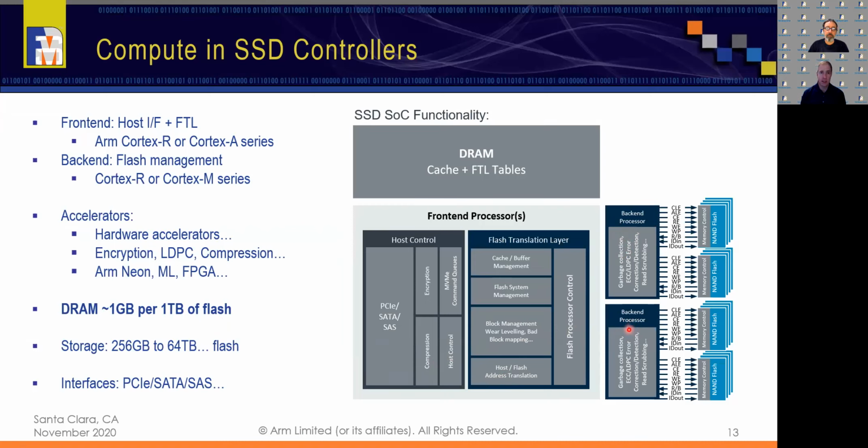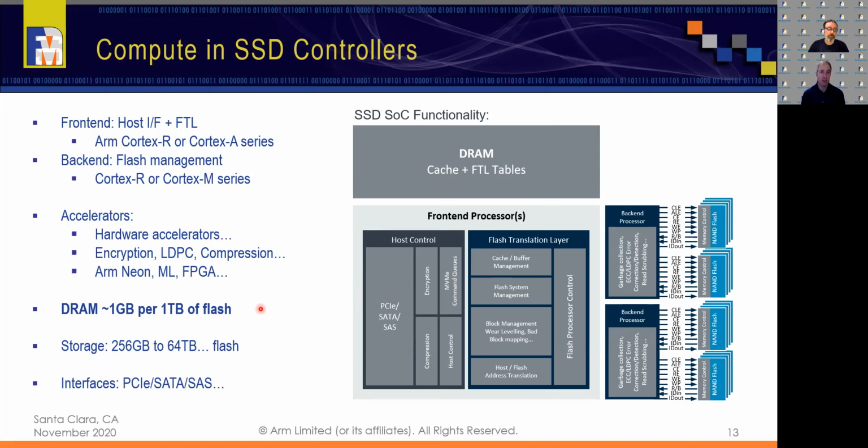There certainly are a lot of hardware accelerators in an SSD: encryption, LDPC, compression. There could be ARM Neon, the machine learning SIMD instructions, to accelerate machine learning type workloads. It could even be built on an FPGA. But one thing's for certain: all these SSD controllers require a significant amount of DRAM for storing the flash translation tables, to the tune of 1 GB per terabyte of NAND.